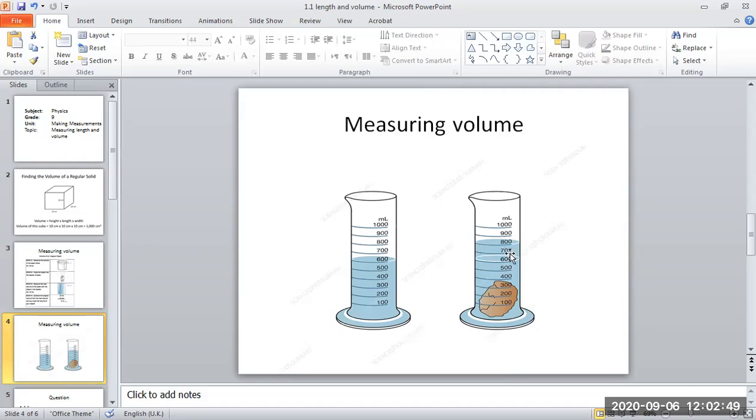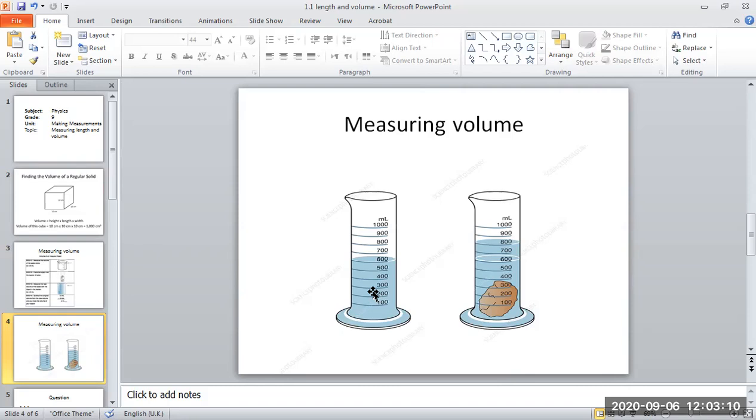After this you dip this irregular object inside the water. Okay, then look here, the value is 800. Now the difference between the final value and initial value is 200 milliliter.